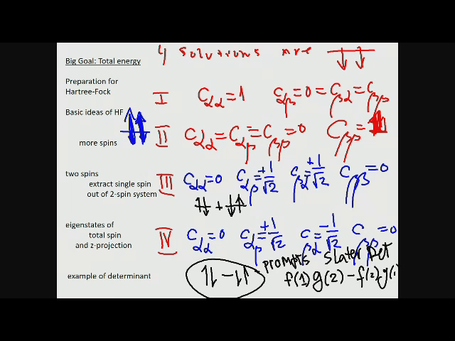They give solutions where the coefficients are 1, 0, 0, 0, or 0, 0, 0, 1. So just the basis states, all up and all down. They are eigenstates. And due to diagonalization of this little block in the middle, one gets 2 linear combinations. So it is a superposition of up-down and down-up with plus or minus.